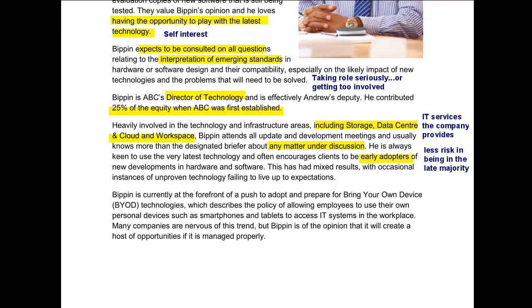And we can see the evidence of this, and this has led to mixed results, with unproven technology failing to live up to expectations. So this is a risky thing, particularly for a company that prides itself on good customer relations.